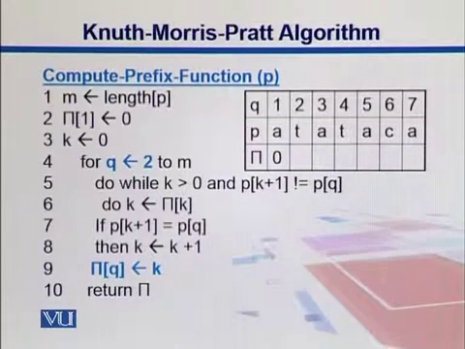At that position we have T right here. So this is our q equal to 2. Since our k is equal to 0, we won't go over here.